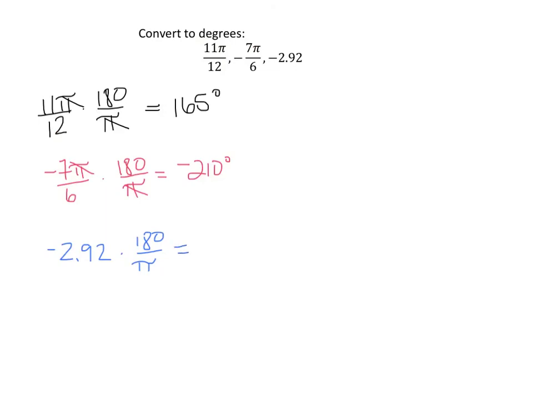When I do that, I get negative 167.304 degrees. You can either leave it as decimals or in degrees, minutes, and seconds, depending on the problem.